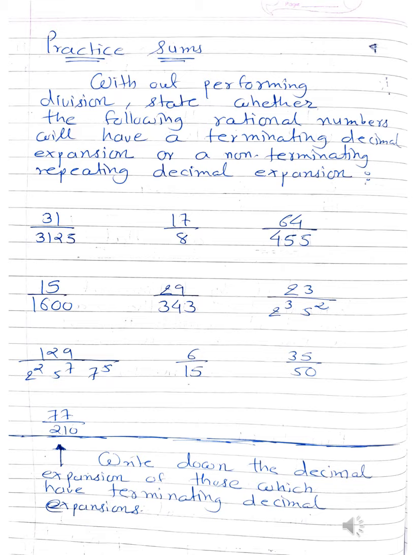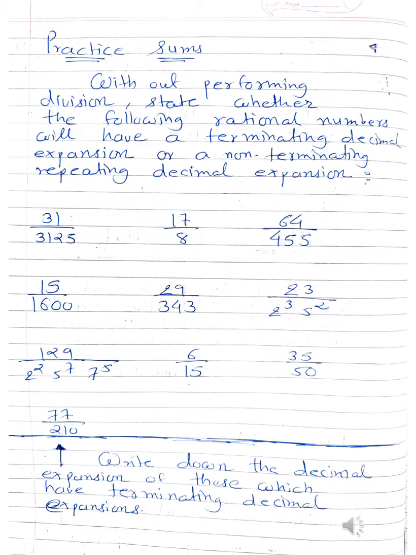Now, using the magic of maths concept, without performing division, we need to decide which type of decimal you are going to get in the following practice sums, whether it will be the terminating one or the non-terminating but repeating type of decimal expansion. How are you going to decide it?